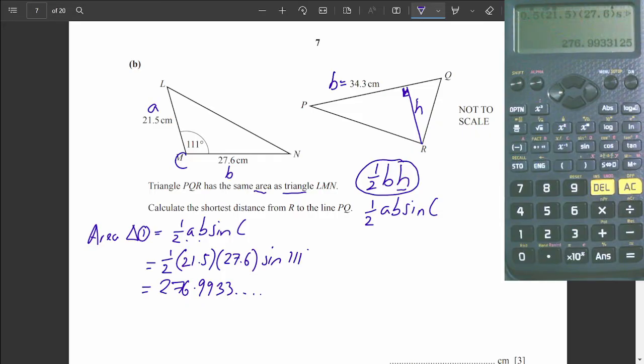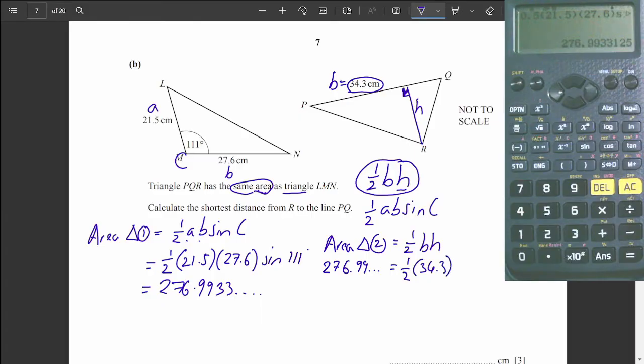Okay, so what do we know? Let's write that down. The area of triangle 2 is half base times perpendicular height. We actually know the area because they told us they have the same area. So the area of triangle 2 is 276.99, etc. Half the base is 34.3, and the height is what we want to calculate.